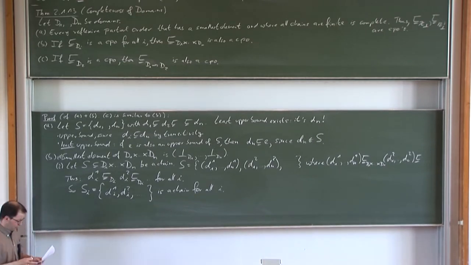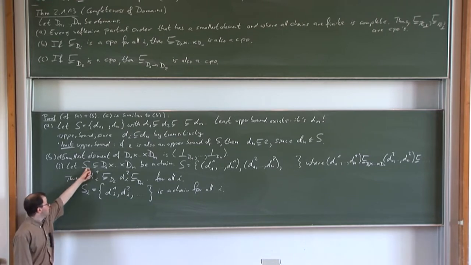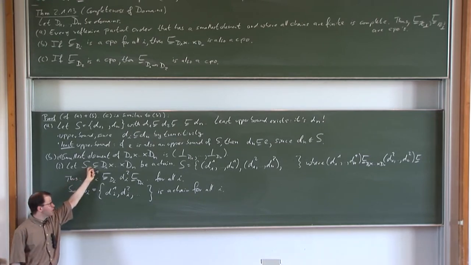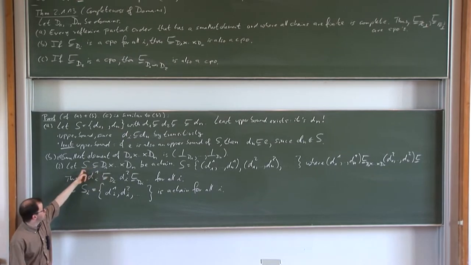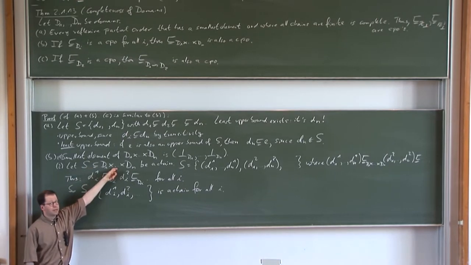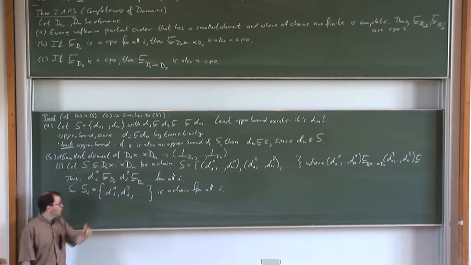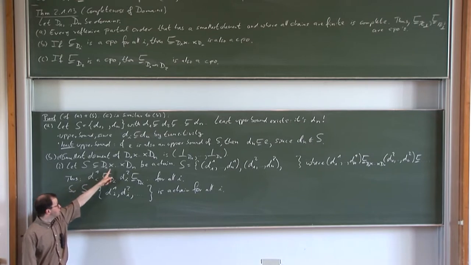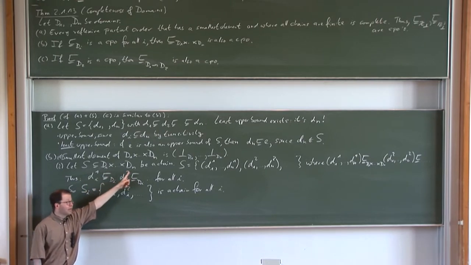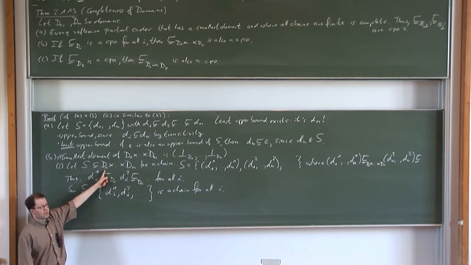Now what we want is the following. We want to prove that S, this chain on tuples, has a least upper bound. And the reason is we want to prove that on this tuple domain, the less defined or equal relation is complete. What we know is that on D1 and on D2 and on D3 and on Dn, on all these component domains, less defined or equal is already complete.